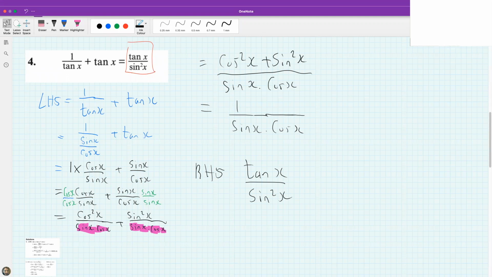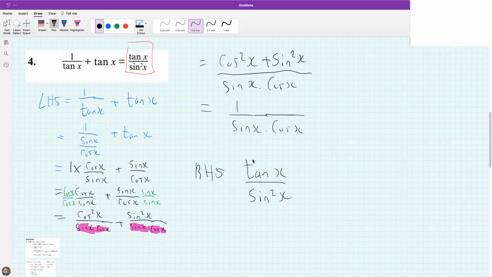What is my first step with the right-hand side? It feels like this tan x should be changed. So I'm going to get sine x over cos x. And so this is going to be sine x times sine x.